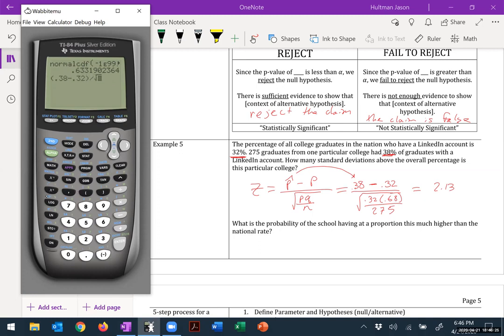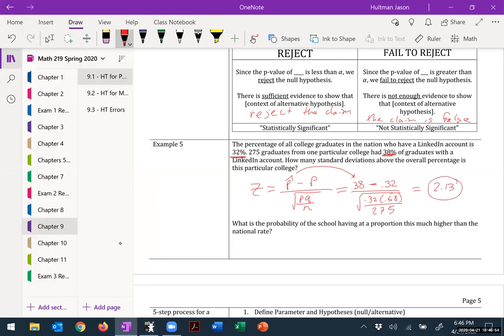Under the square root symbol is 0.32 times 0.68 divided by 275. Looks good, and I get about 2.13 as my z-score.